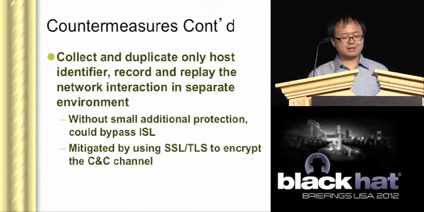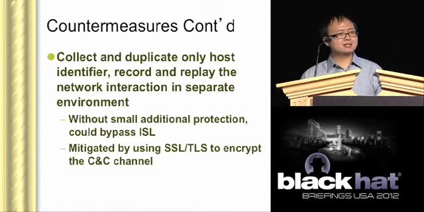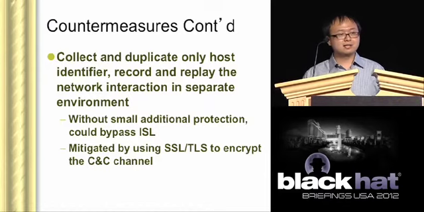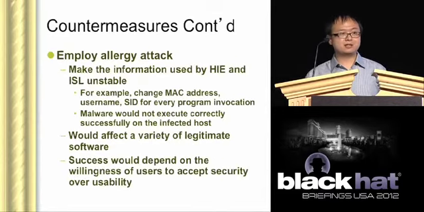But the problem is this information is also used by legitimate software. So if you provide the unstable information, you may break their functionality. So the success of this protection mechanism really depends on whether the user is willing to trade usability for security.